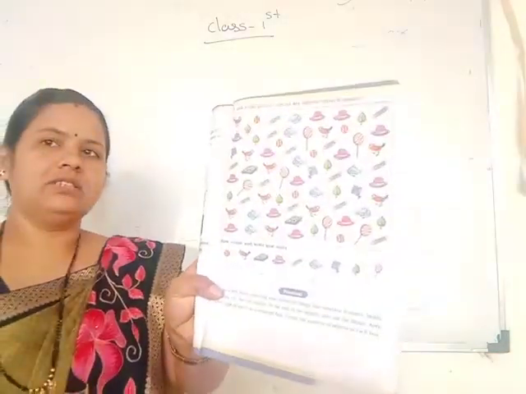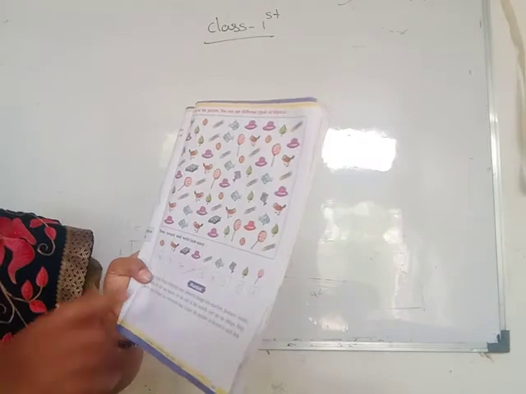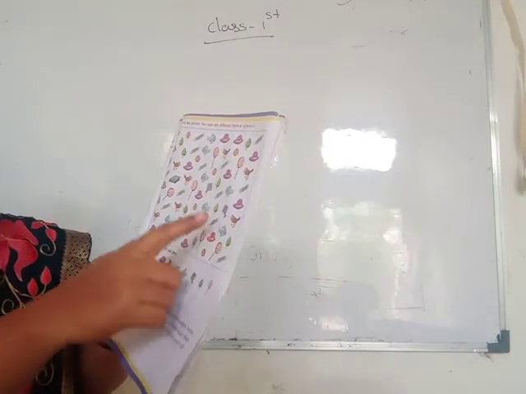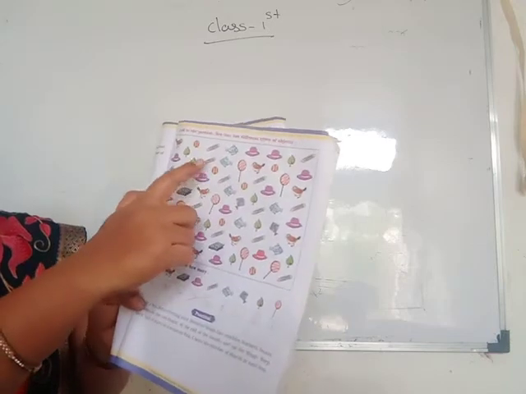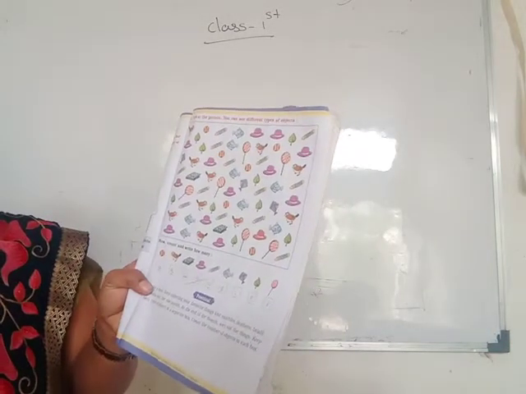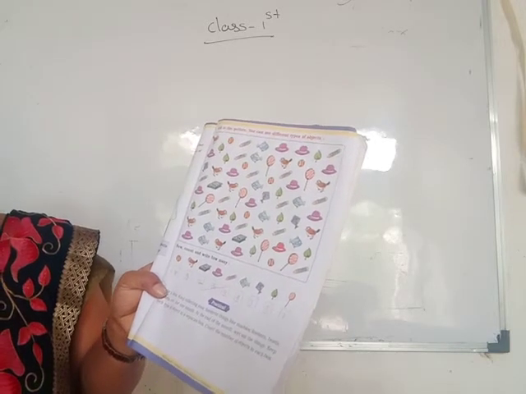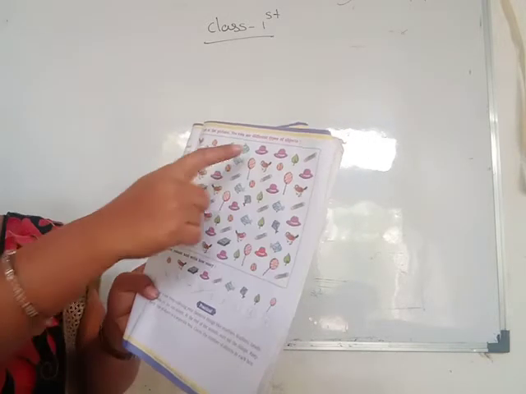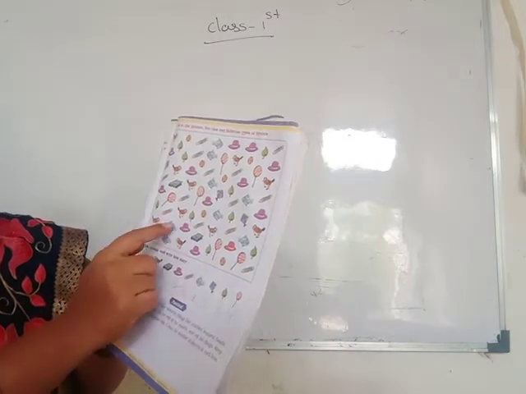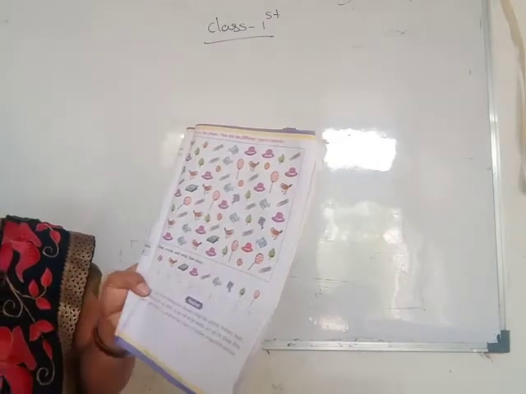Then next one, see this crayons, yellow color. 1, 2, 3, 4, 5, 6, 7, 8, 9, 10 crayons. Then you write here answer 10. Then next one, fish. How many fish here? 1, 2, 3, 4, 5, 6, 7, 8. Then you write here answer 8.